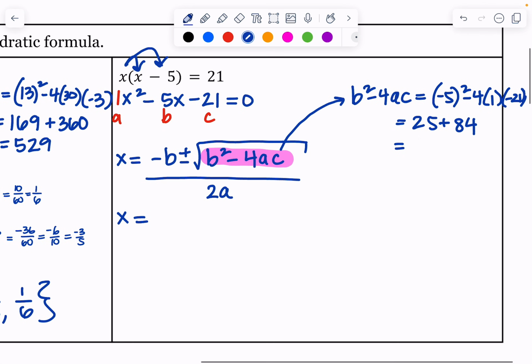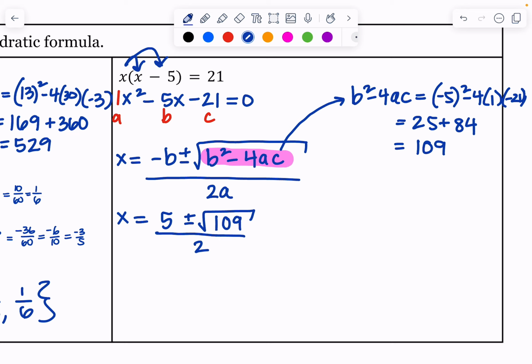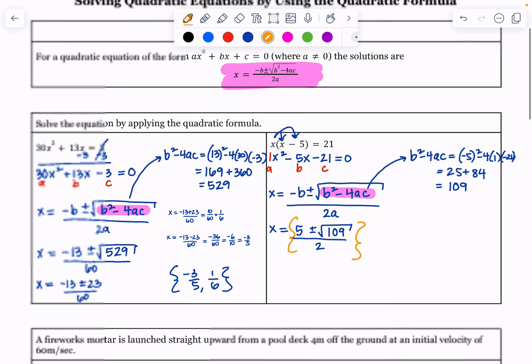And so that is 109. I don't think that will simplify. Let's see. No, it's prime, so 109 is prime. So here when we plug in, we're going to have positive 5 plus or minus the square root of 109 all over 2. And since the square root of 109 does not simplify, this is just our solution set.